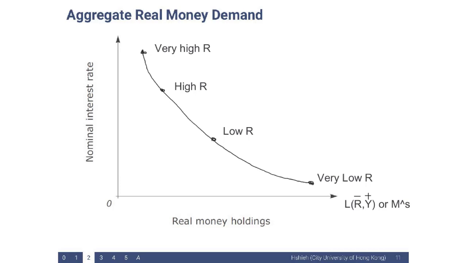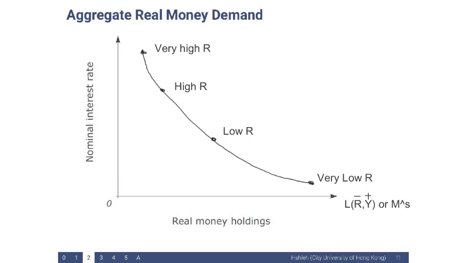So that is either L, R, Y, or you can think of it as money supply. And to remind you again, the relationship between R and Y is negative, and this is positive. So let's characterize the relationship between nominal interest rates and real money holdings.